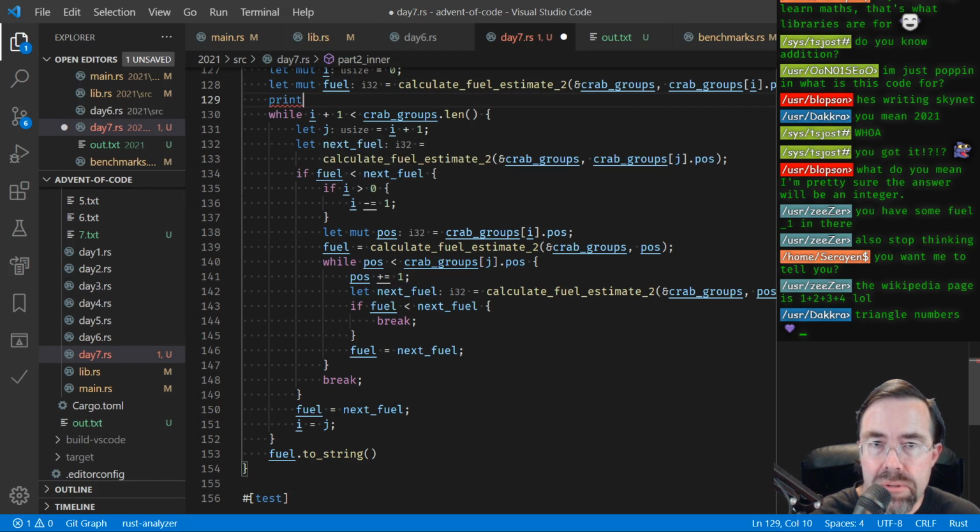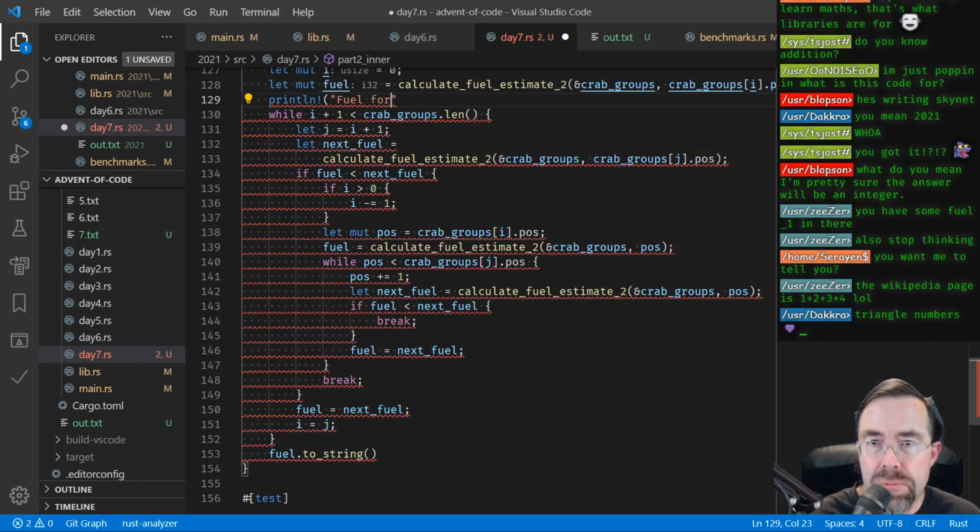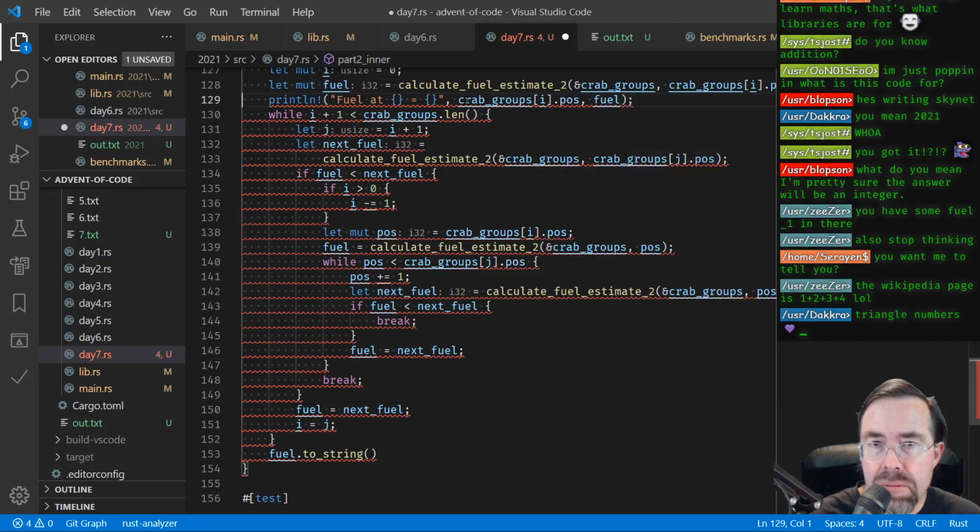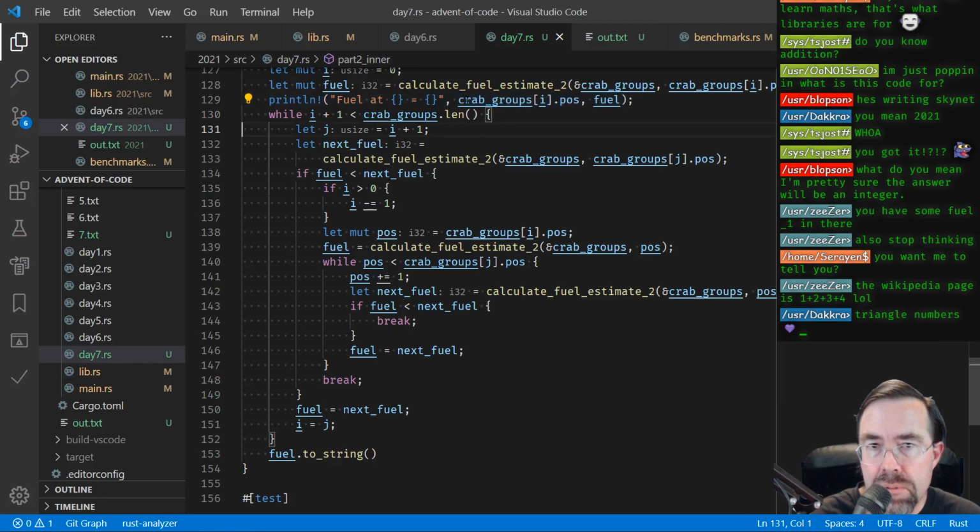Print line fuel at is this. So, because I'm just tired, I'm going to print everything.